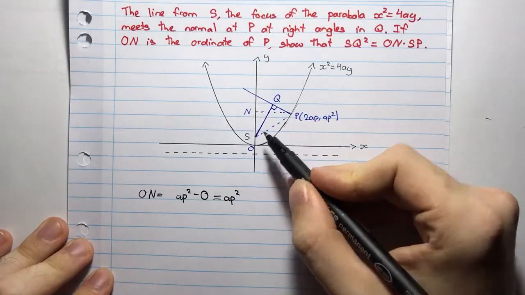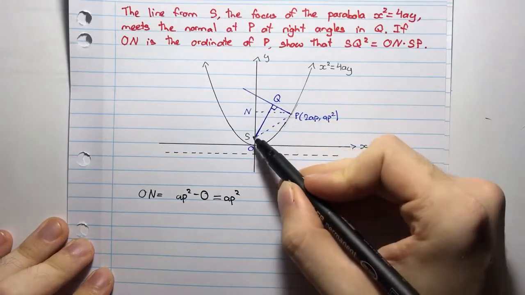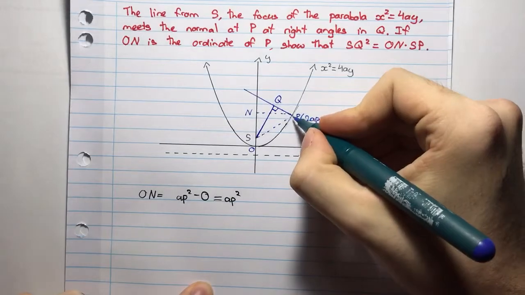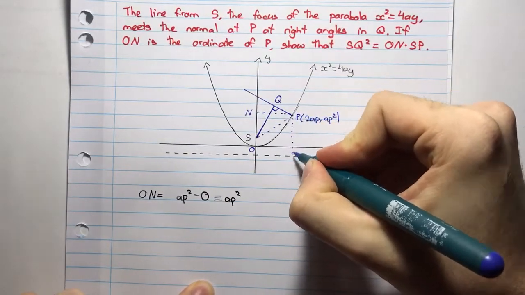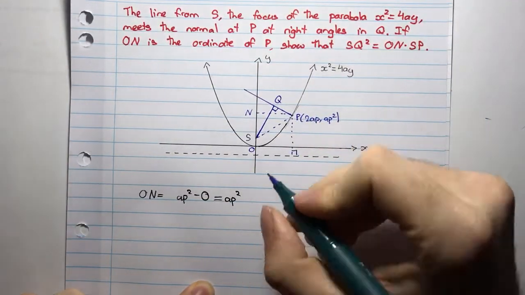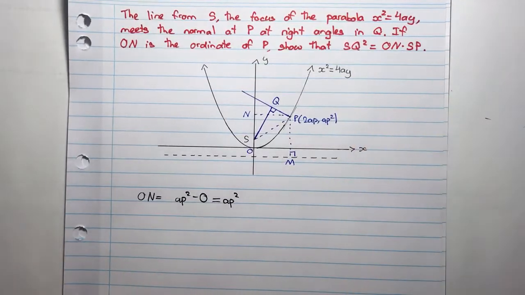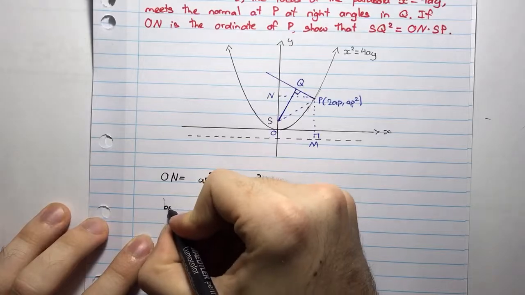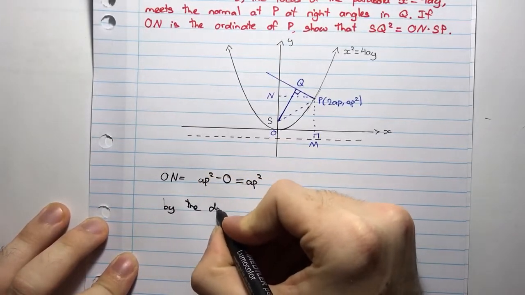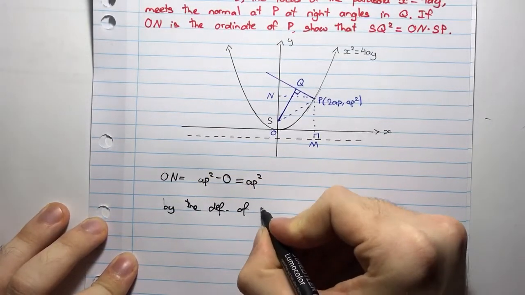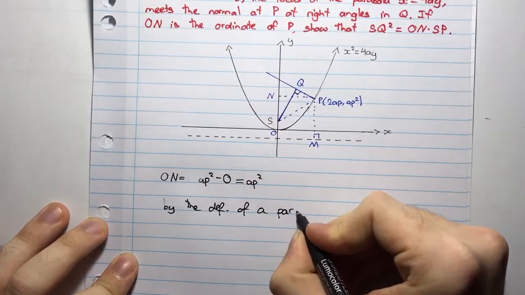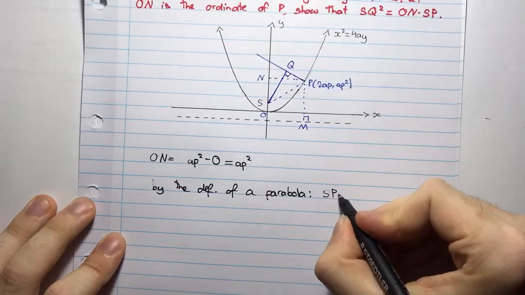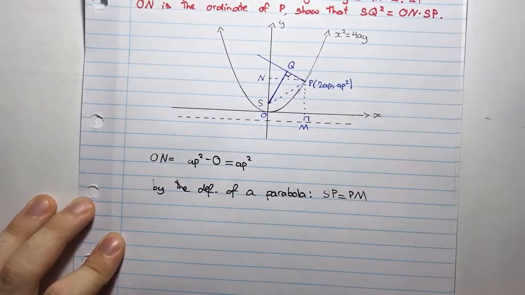So if P lies on the parabola, the distance SP should always be the same as the distance from P to the directrix. Let me call this point M. So by the definition of a parabola, I have that SP is equal to PM.